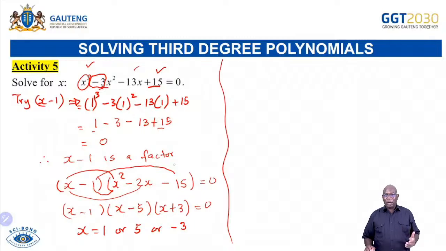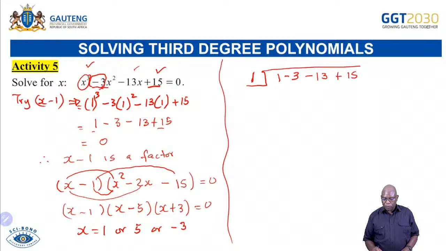You can use any other method. If, for instance, I go to synthetic, you've got a 1 here, which is a factor. Then I must write down the coefficients, which are 1, negative 3, negative 13, plus 15.